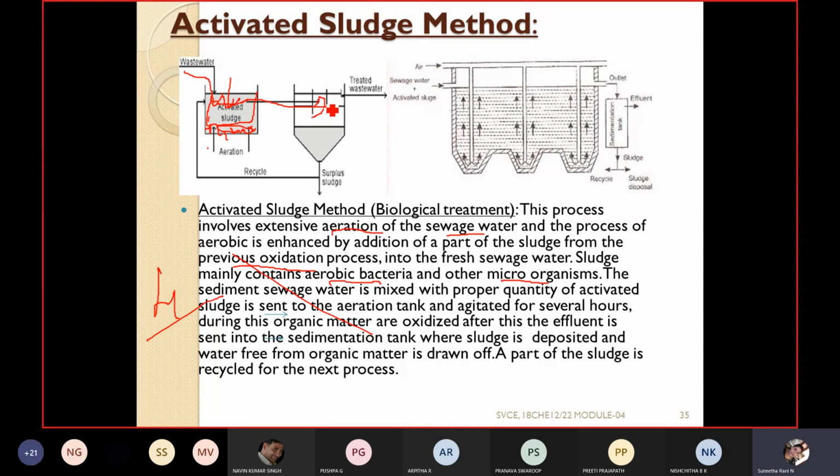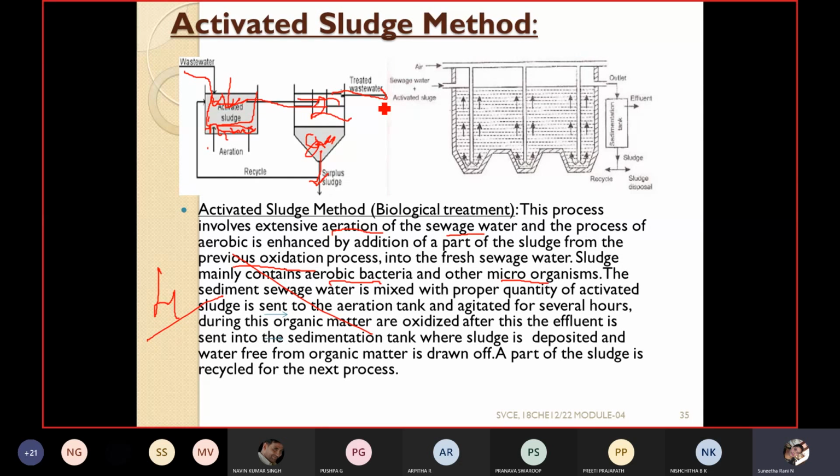This is a sludge chamber. In this sludge chamber, whatever precipitate or bacteria are present, it settles and it is called sludge, and it is removed, and pure water is collected at the top portion of the funnel in this chamber, and the treated water is passed into the tertiary treatment.